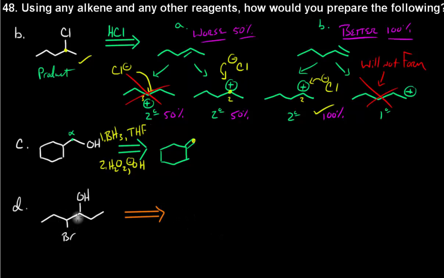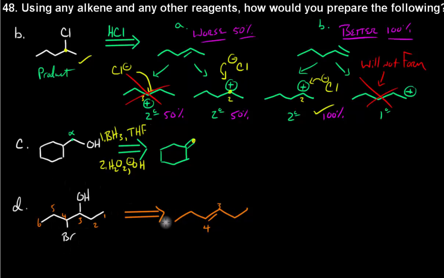And you know that the alkene is going to come between the hydroxyl group and the halogen. So we're going to put our alkene right here in between the two. If we number our carbons 1, 2, 3, 4, 5, 6, this is going to be 1, 2, 3, 4. So we want our alkene to be between the positions where we have our alcohol and our bromine.